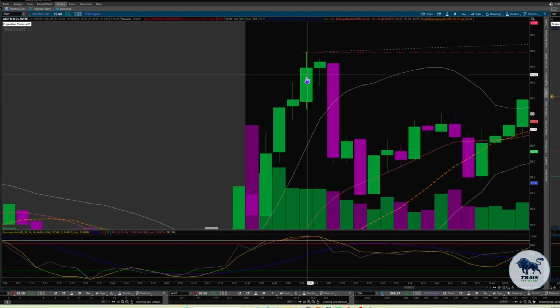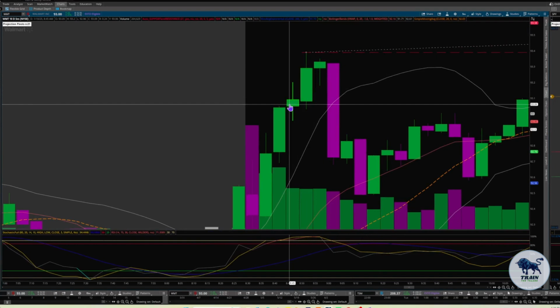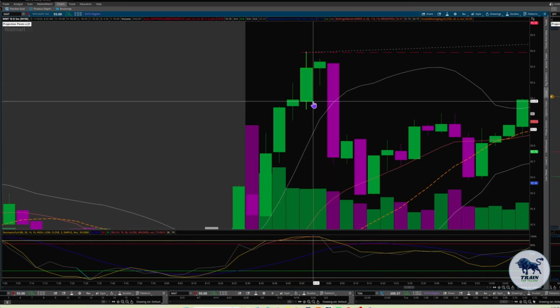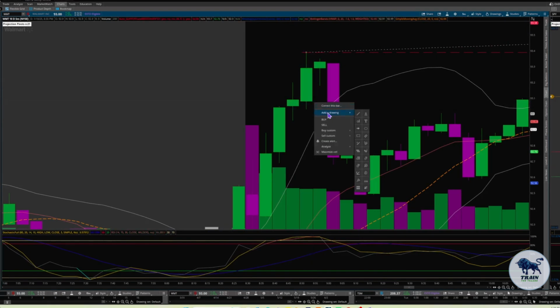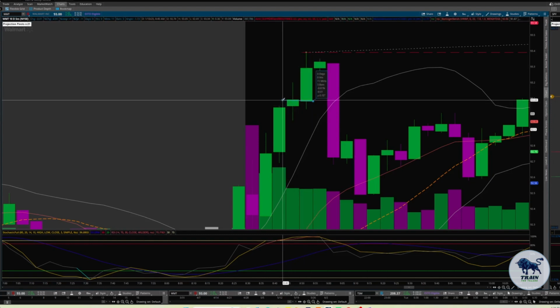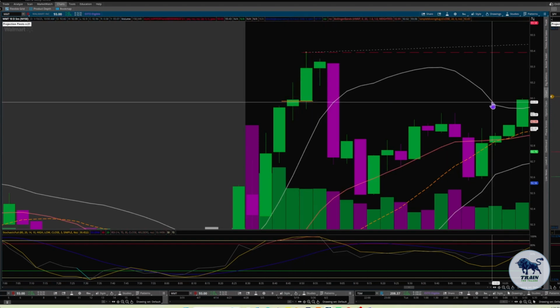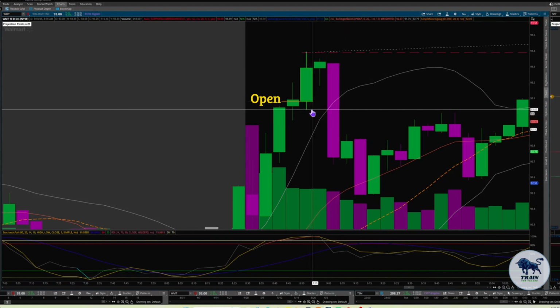This green candle right here. So first things first, this green candle is green, and I'm going to show you why it's green. We're going to mark four areas here. This one here is going to be the open. This is going to be the low right here.